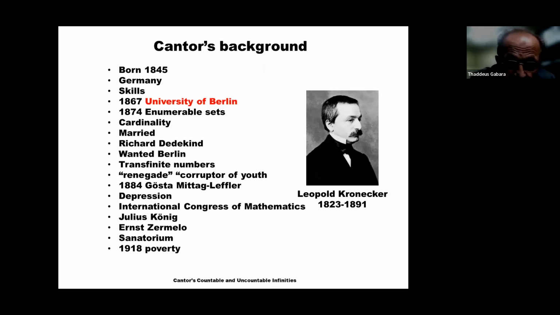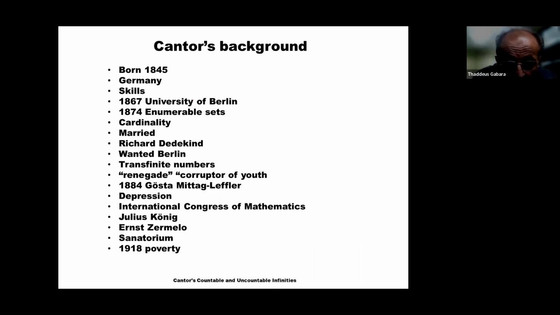So Cantor, after graduating and getting his doctorate, made his first paper in 1874 on innumerable sets. And that particular paper he did while he was at the University of Halle.